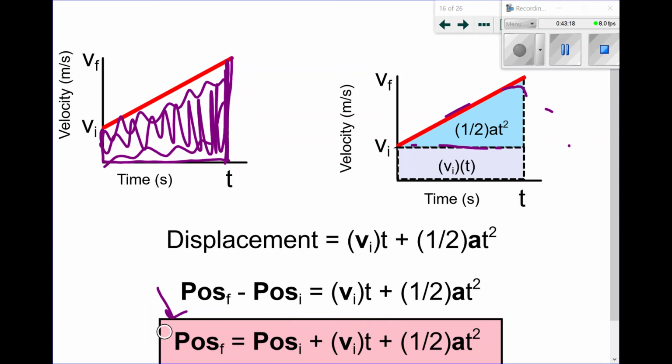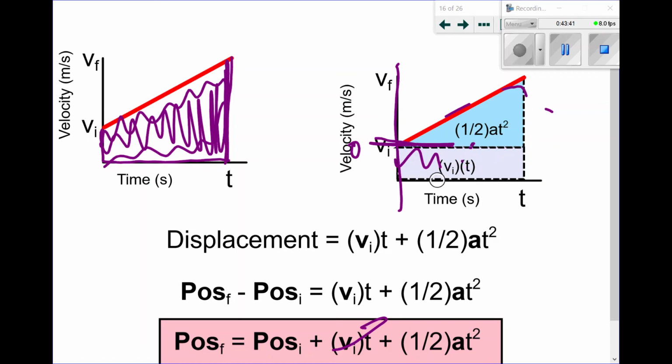And so life is going to be pretty good. This is really the only position formula that you need because this covers all scenarios. If I go back to the case where I have no initial velocity, so this doesn't exist, then my initial velocity is 0. This goes away, and I just have the triangle.